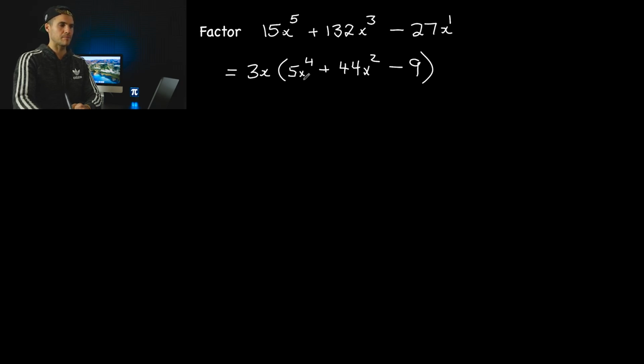And then over here, let's maybe take this and bring it to the side here. I'm noticing that this follows a quadratic format because I have an exponent 4 and an exponent 2.